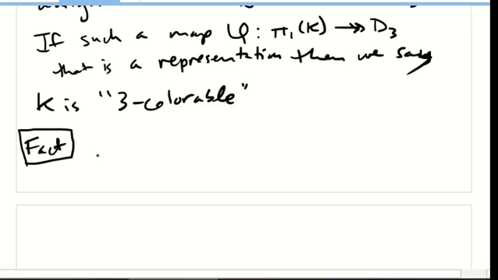Anyway, in fact, there is a generating set.